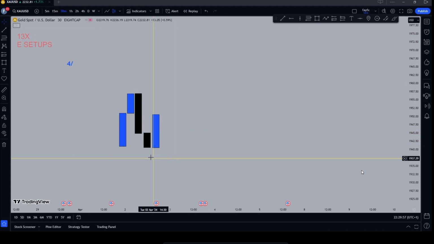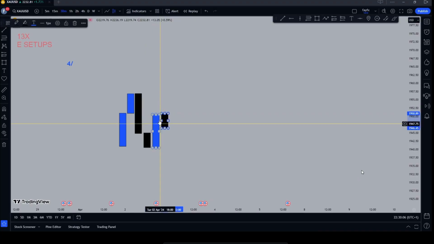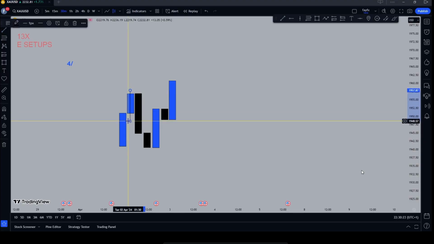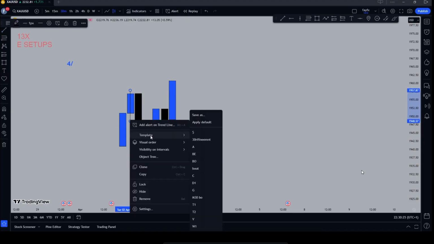Then at the same area, this bearish engulfing candle.